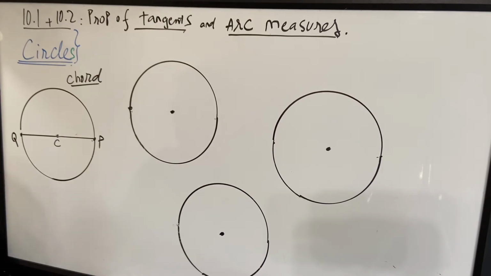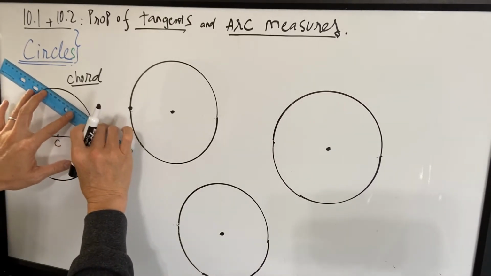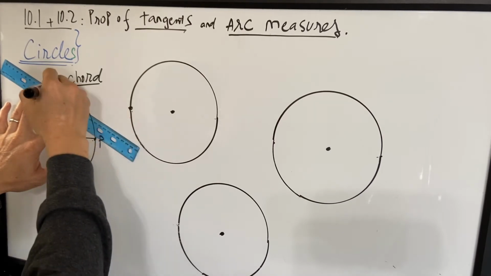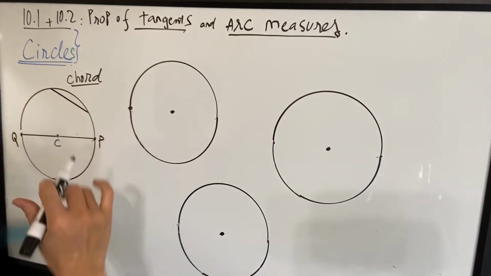Define chord. Here we go. Chord is the segment whose endpoints are on the circle. So you can have really multiple chords on the circle. Let's say another chord is right here.